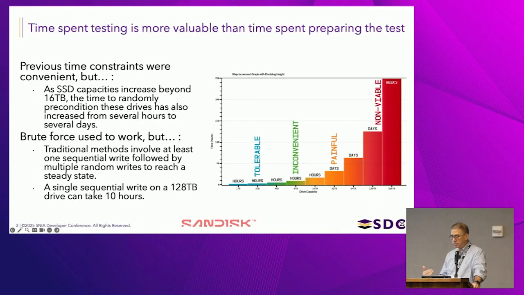And recently, as we've gone to these high capacity QLC drives, the capacities have been doubling every few years, but the write performance, especially when we go from TLC to QLC, has not been keeping pace. So the net effect is the time to do the preconditioning has gone from hours to days. Sometimes it can be a week, if you look at some of the high capacities that we're looking at, just to do the preconditioning phase of a random write test.